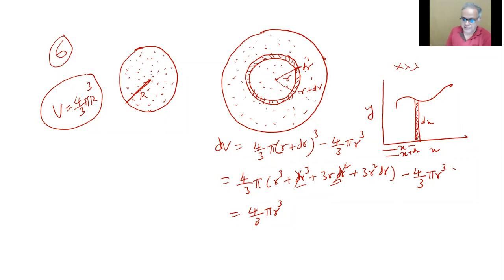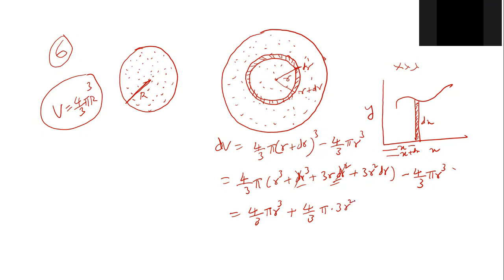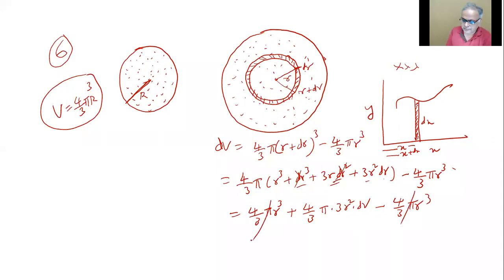So 4 by 3 pi r cubed plus, what should I do? 4 by 3 pi into this one, 3r square dr, minus 4 by 3 pi r cube. This goes away.